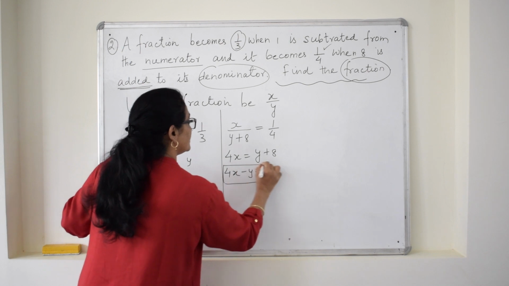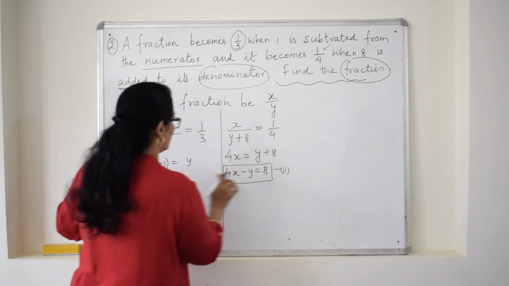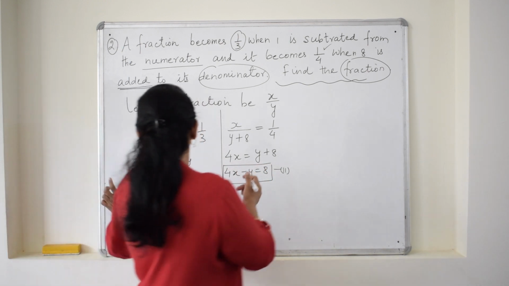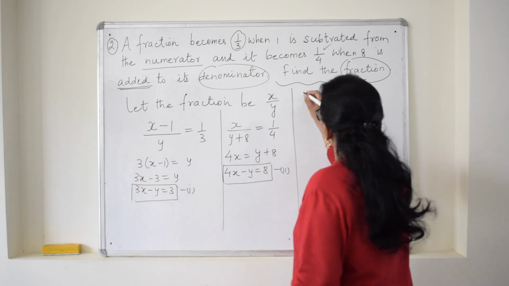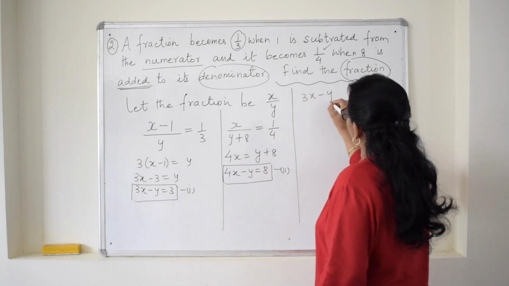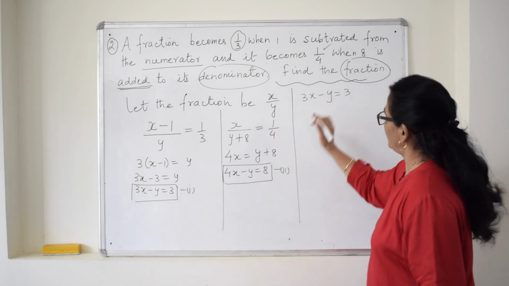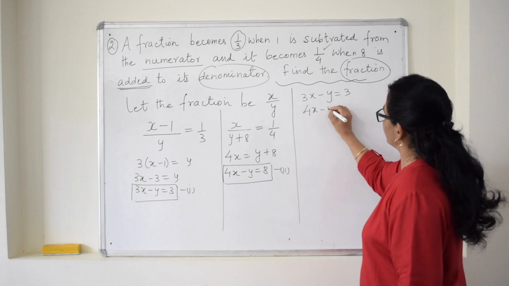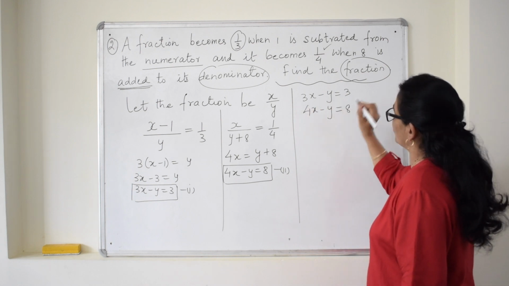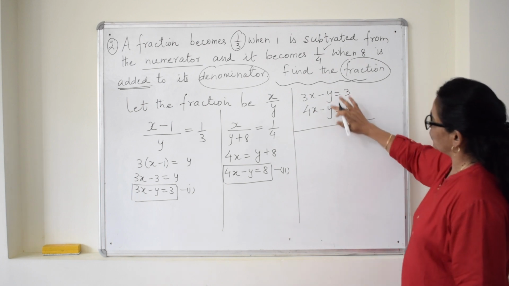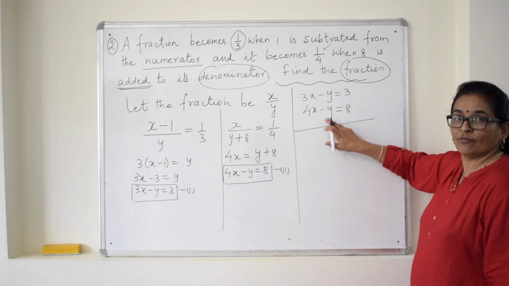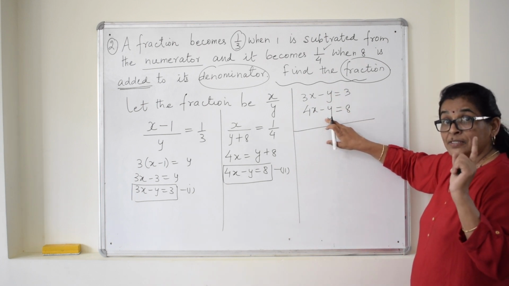Now we have two equations and two variables. We will solve it. We will write here 3x minus y is equal to 3 and 4x minus y is equal to 8. Now if you see, both the coefficients of y are the same and have the same sign.